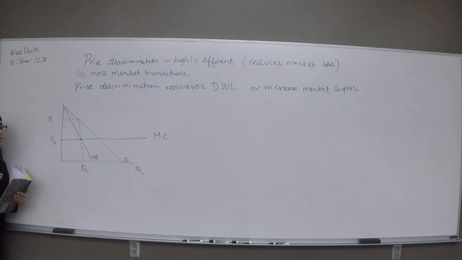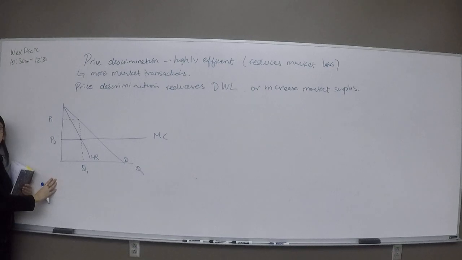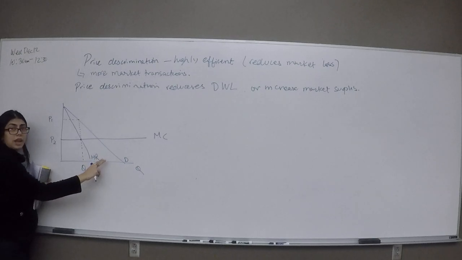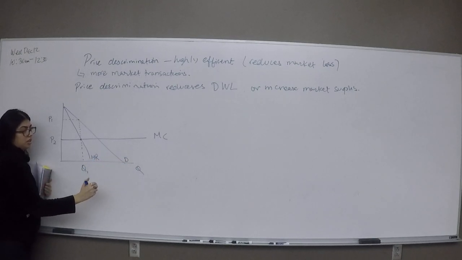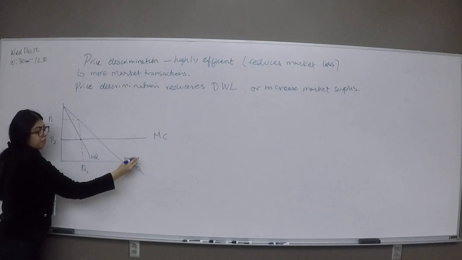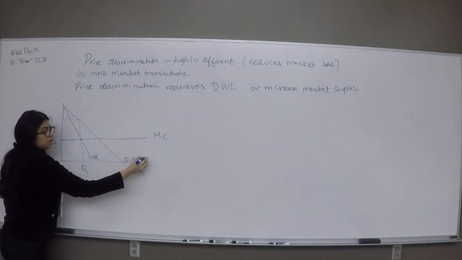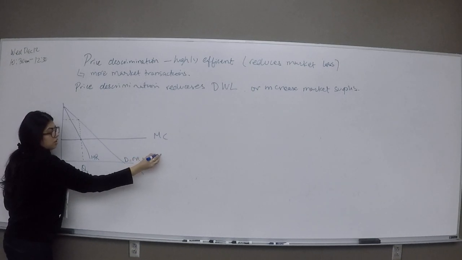If this was a competitive firm, how much are they going to produce? Remember, for a competitive firm, demand and marginal revenue are the same thing.